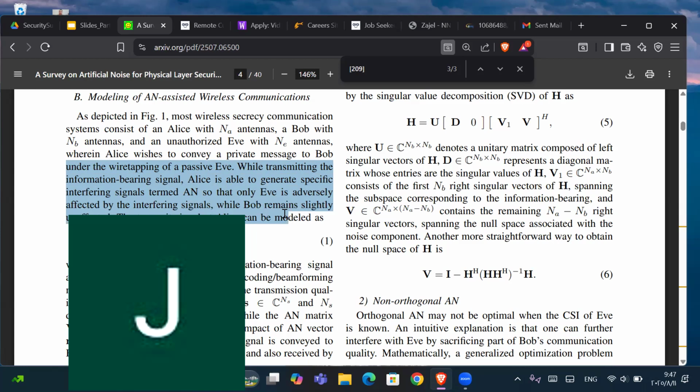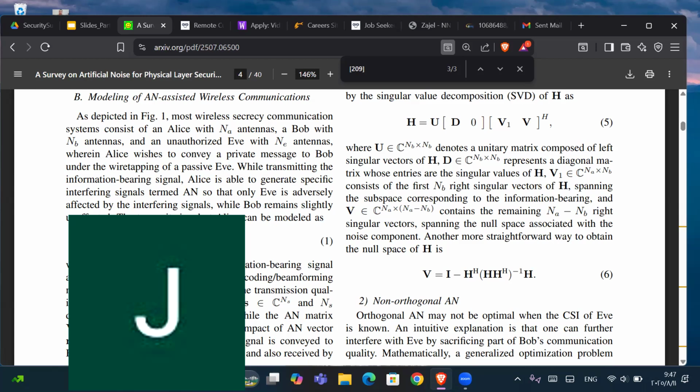The signal that we add, which is the artificial noise, affects Eve but doesn't affect Bob. The transmit signal at Alice can be modeled as this. Now we will start explaining some math for you. As you can see here, the math we are explaining is mostly dependent on linear algebra. So if you are good in linear algebra, you will understand what we are doing here.